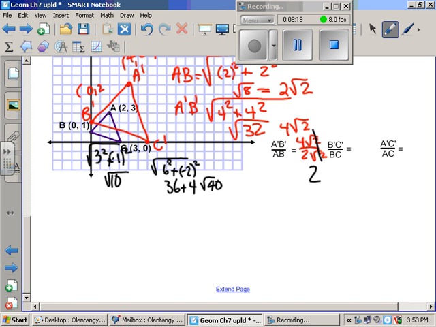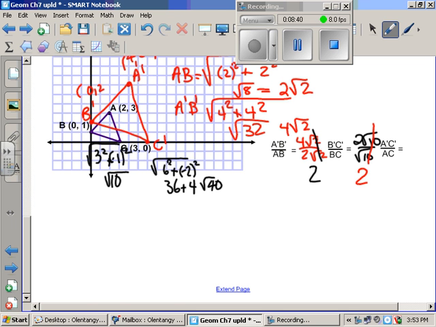Okay? Which is, so BC is the square root of 10, and B prime C prime is 2 square root of 10. So again, if I cancel, square root of 10 divided by square root of 10 is 1, so that's 2 over 1, or 2.